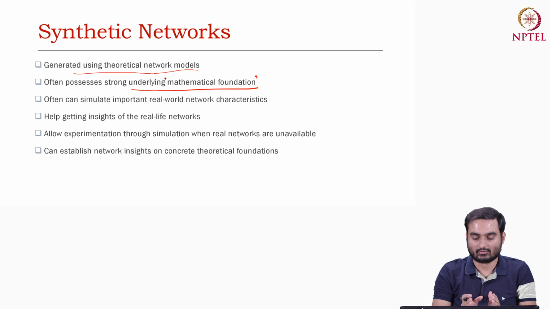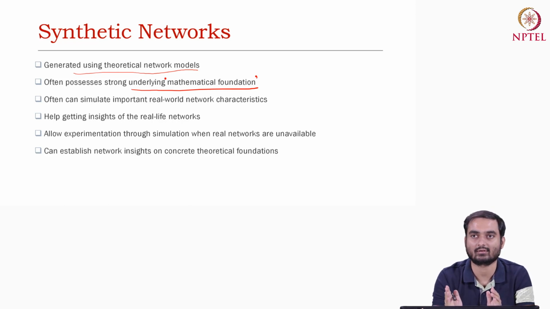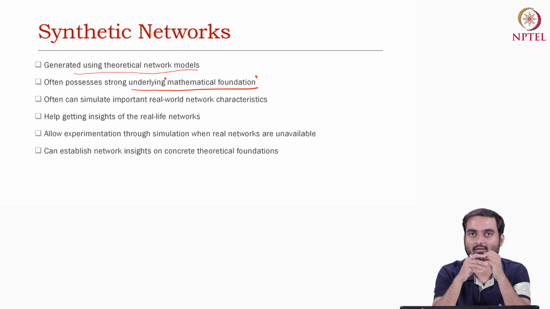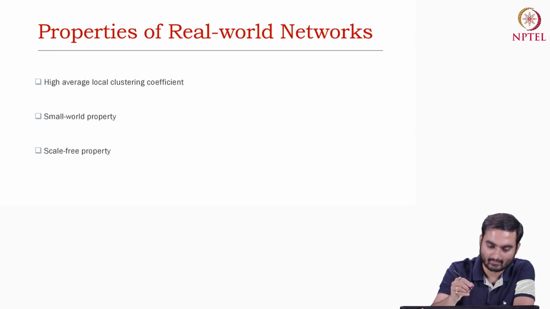Okay. So, we will see over this chapter how the field of network growth models evolved over time and how more sophisticated models came into the picture, and they tried to mimic real world properties. Okay.